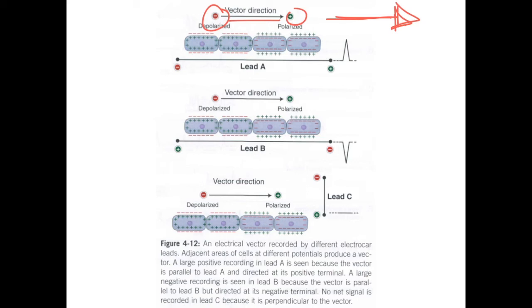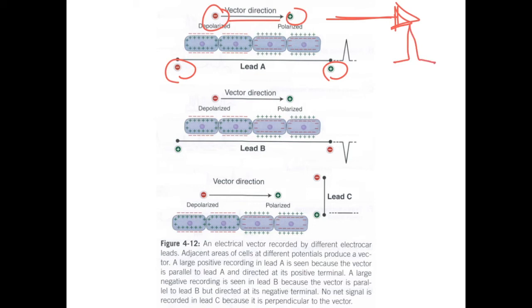So if you have lead A that has its negative and its positive in this direction, then lead A is going to interpret this vector direction or this electrical activity, because it's in the same horizontal direction as lead A, as a positive electrical signal from that lead.